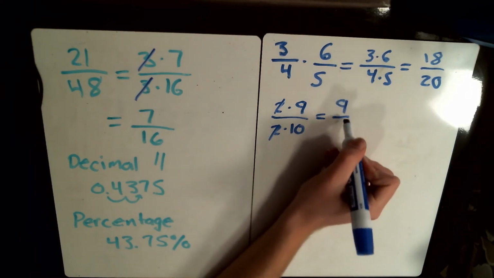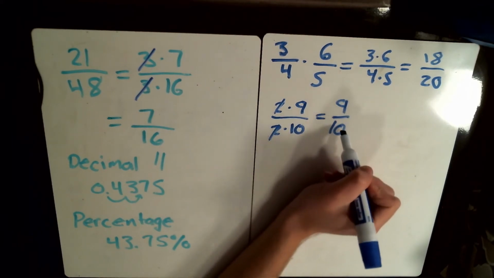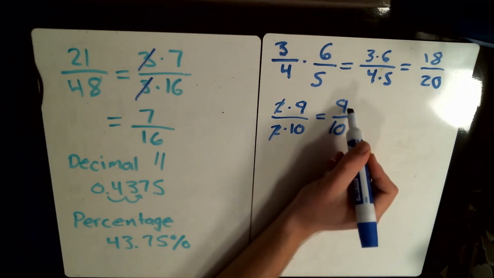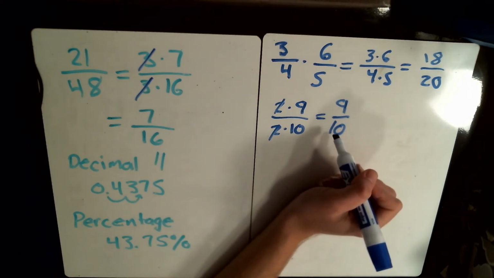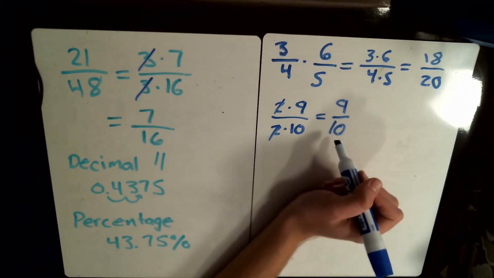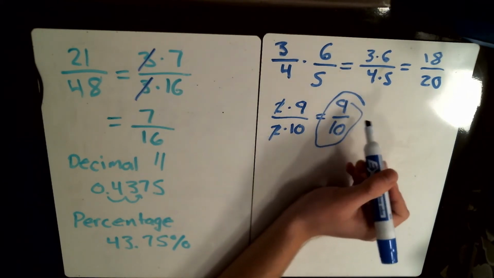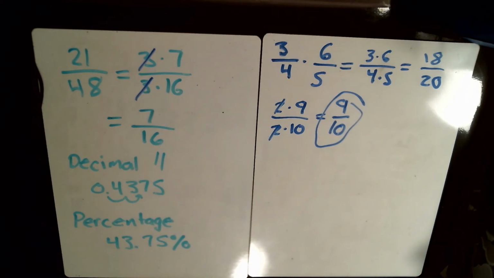So we get 9 over 10. Now, do we have any shared factors between 9 and 10? 9 has 3 that goes into it. 10 has 2 and 5. So, no shared factors there. This is as simple as it can go.